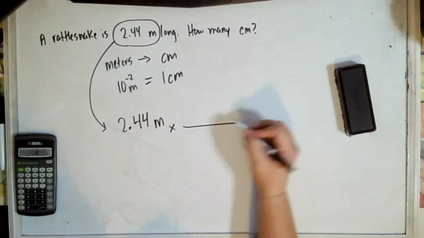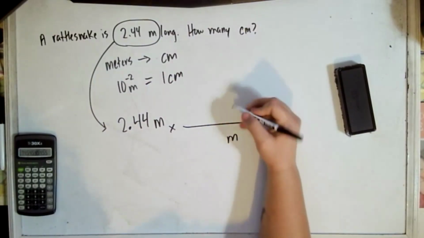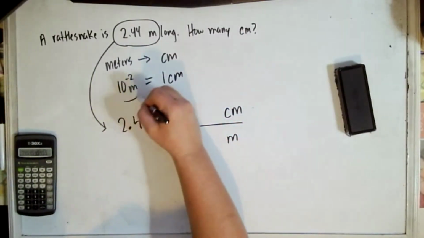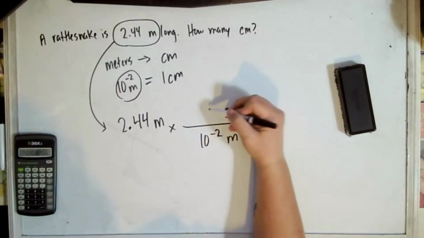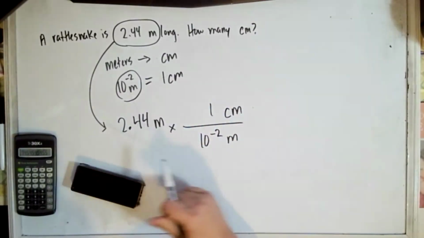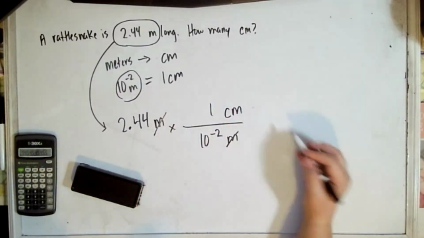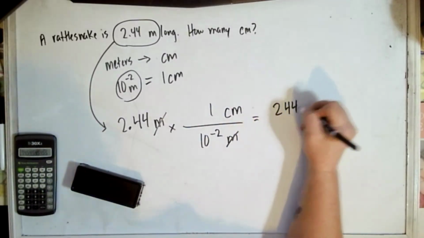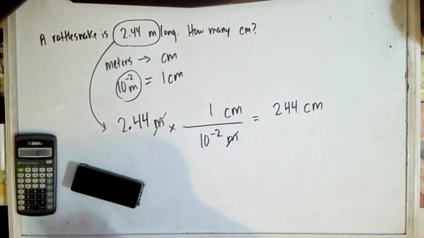And so when we set up our conversion factor, we know that we're going to want the unit of meters on the bottom, the unit of centimeters up top. 10 to the negative 2 goes with our meters. 1 goes with our centimeter. Our meters units can cancel out then. And we get 244 centimeters.